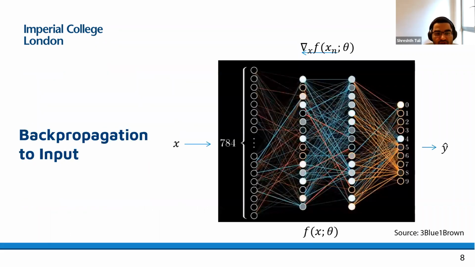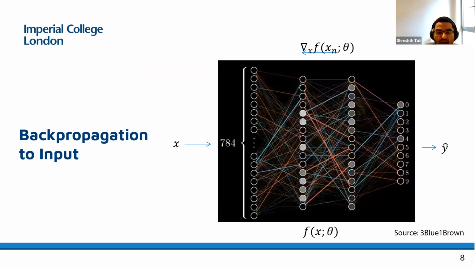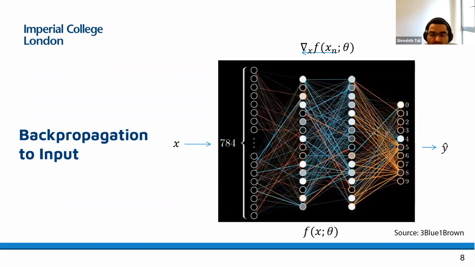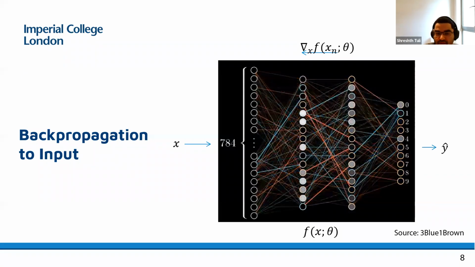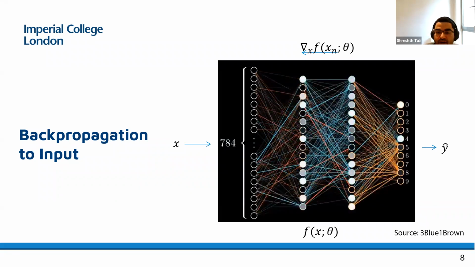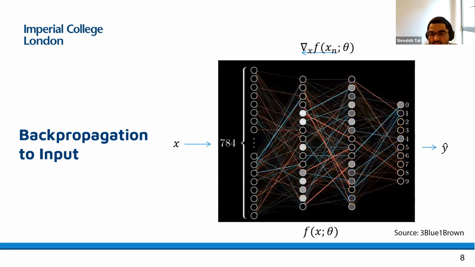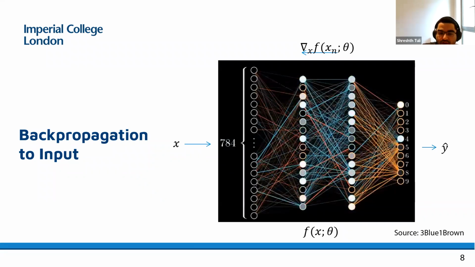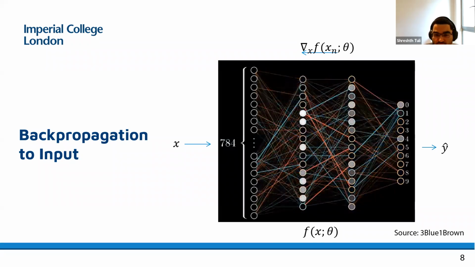So just to make sure that this idea is clear of how we use gradients with respect to input, let me give you a visualization of how the backpropagation to input idea works. So we send an input x to the neural network and generate a surrogate estimate, let's call it y hat. Then, just like backpropagation to update the parameters of the neural network, we can take the derivative of the surrogate output and use the chain rule to propagate the gradients back to the input to identify the specific change in the input required to minimize or maximize the surrogate output.